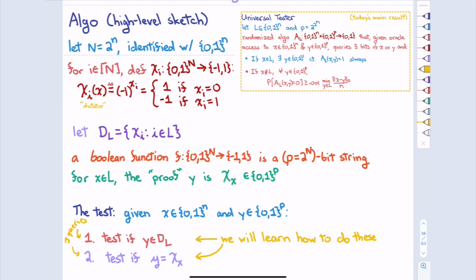So what I've described here is a 3-bit black box way to test if Y is in DL. Let's even pretend it's deterministic for simplicity. And there's a 3-bit way to test if Y is equal to chi X. That gives you a 6-bit thing where you do one after the other. Now, suppose you just want constant probability error.